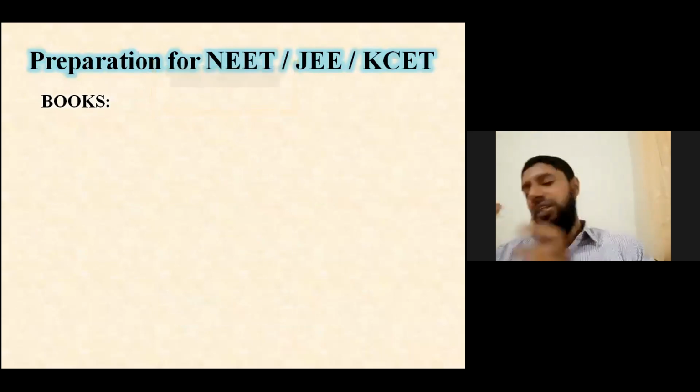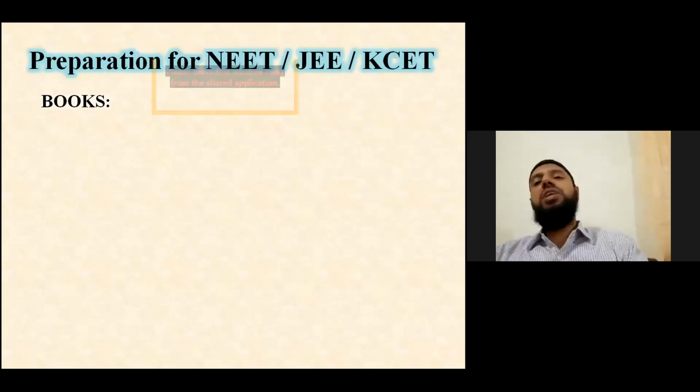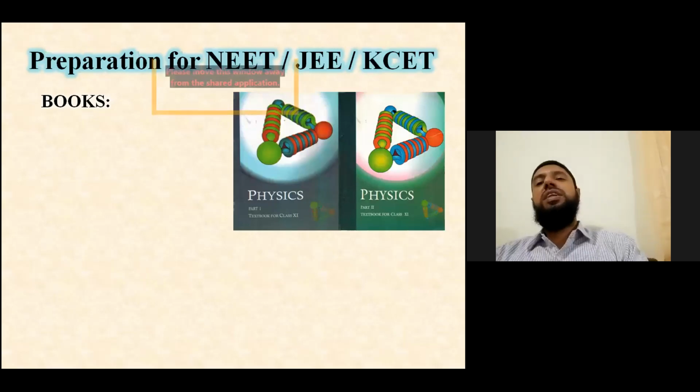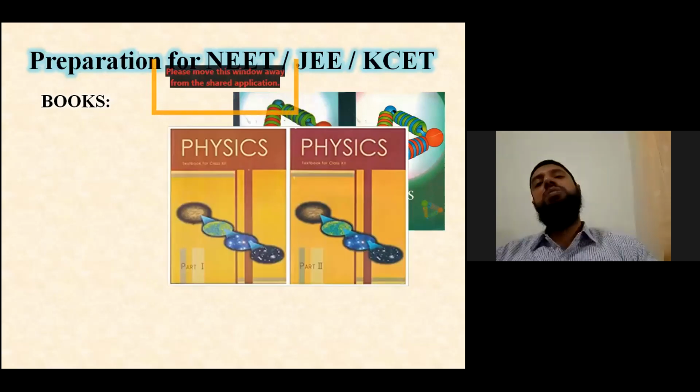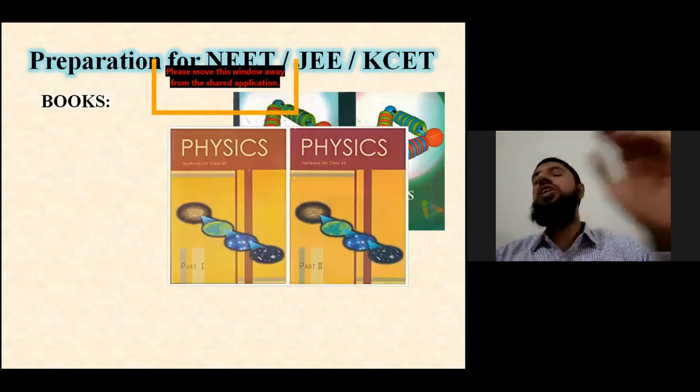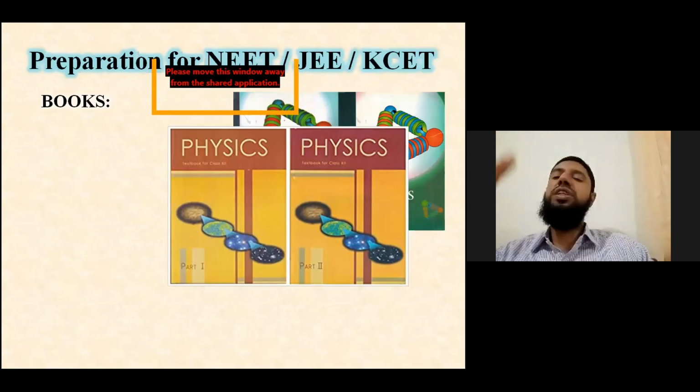My dear students, the best books are the NCERT textbooks. NCERT first PUC textbook, second PUC textbook. These are 4 textbooks: first year volume 1, volume 2, second year volume 1, volume 2.